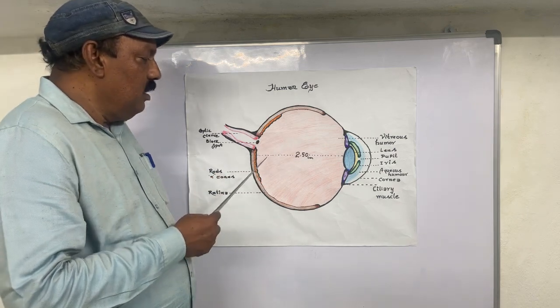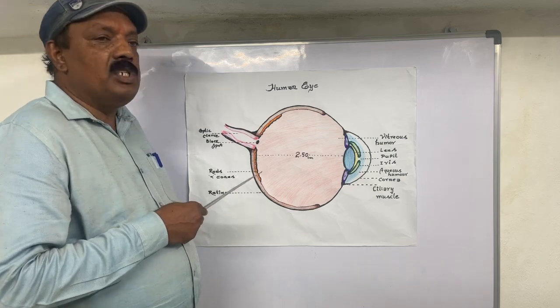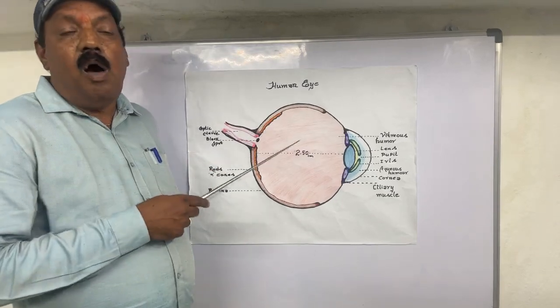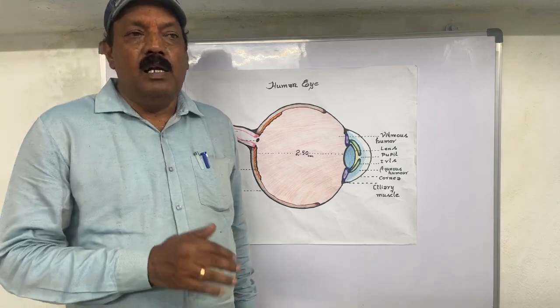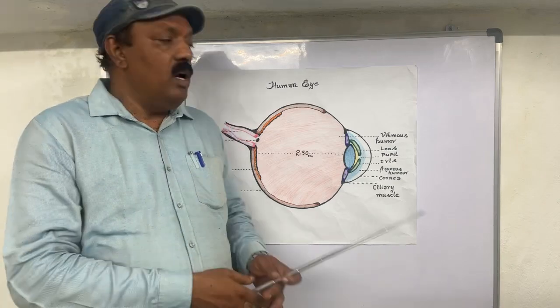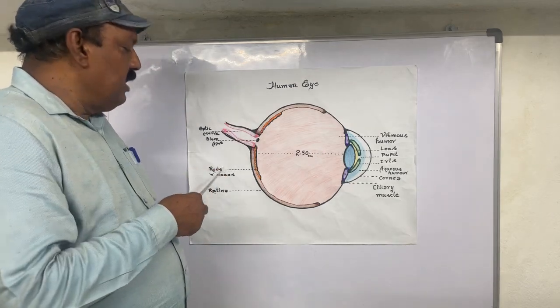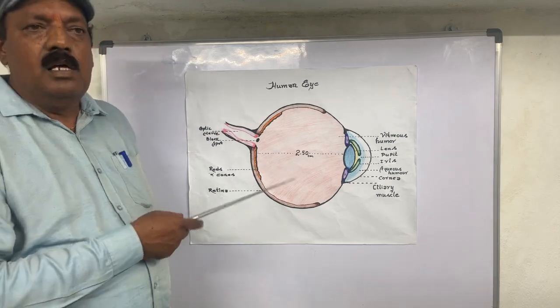Rods and cones are not applicable to animals, so animals cannot see the beautiful colorful world. They see only black and white, because in their eyes the rods and cones are absent or very few are present.